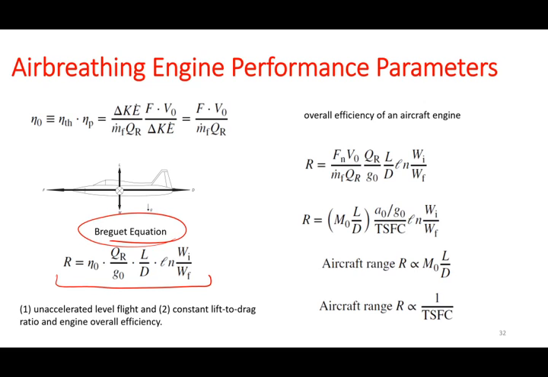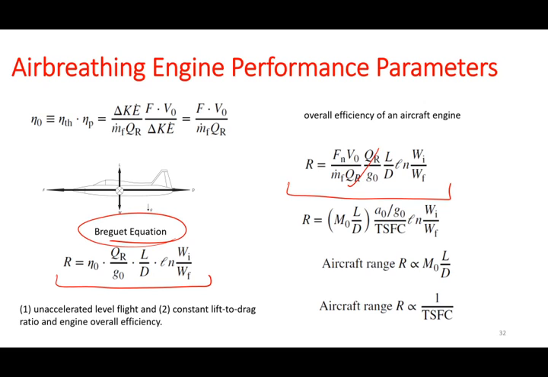Okay, and we can play with this equation a little bit to get to this equation for the range. That's going to be relating your range to the thrust, the flight speed, the fuel mass flow rate, QR again. You can always simplify the QR as well.